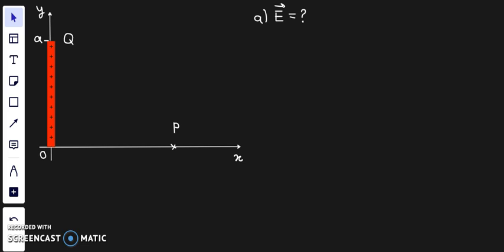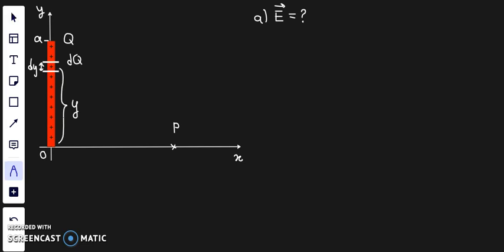We are going to apply the formula for a point charge to calculate the electric field due to dq. That's going to be dE, and we are going to integrate over dE to find the total overall E, and we'll do that for both the x component and the y component of the electric field.